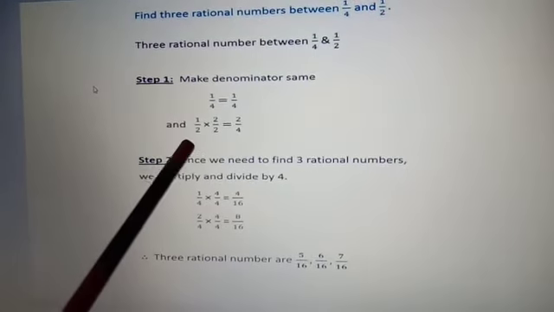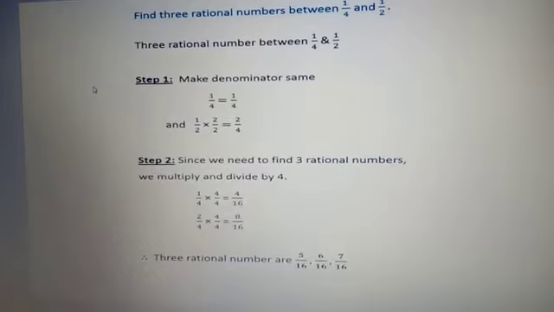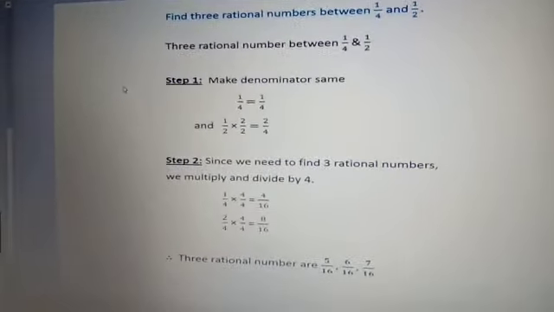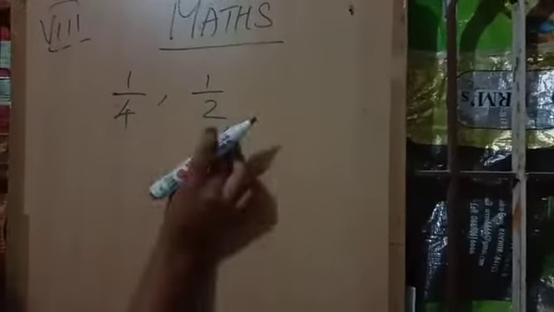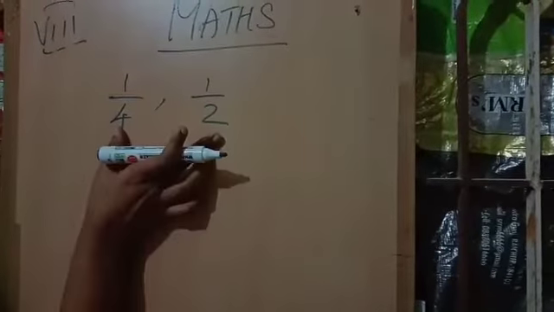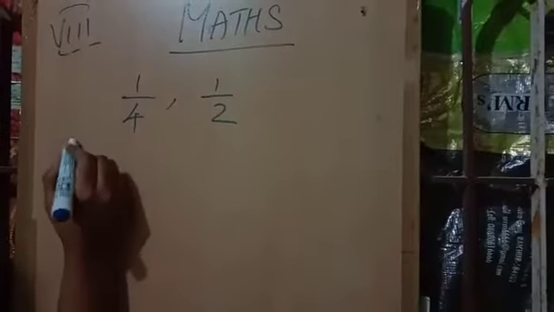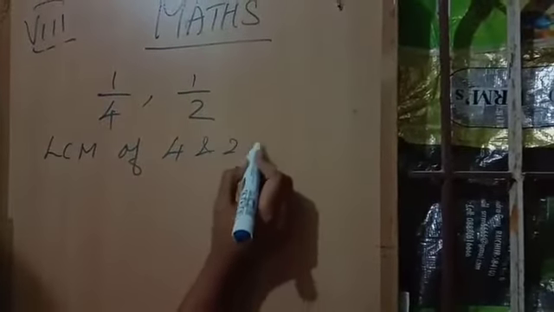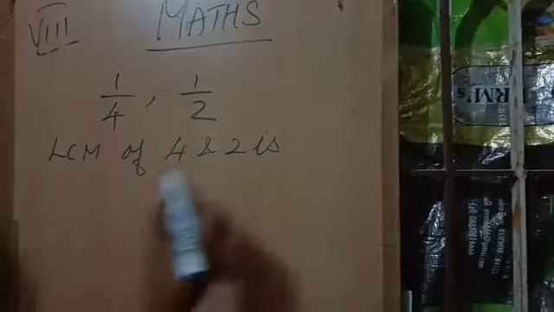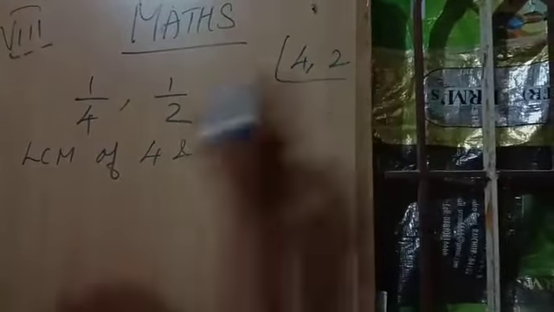To bring it to the same one, we should find the LCM for the denominators. Here we have 4 and 2. LCM of 4 and 2 is... just use the synthetic division method.